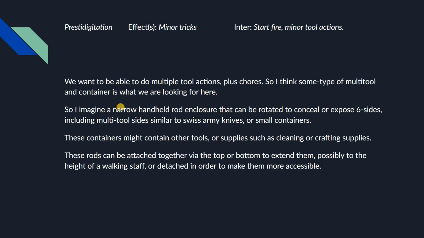I'm imagining some kind of narrow rod-like enclosure, and the inside of it can be rotated to conceal or expose 6 sides, and each side would have something similar to a Swiss Army knife or small containers you could store things in.